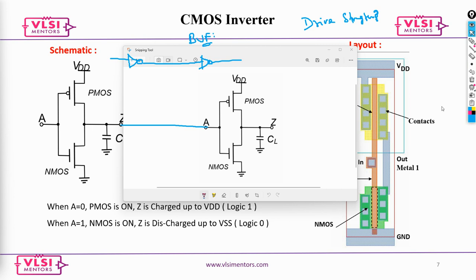Okay, so now drive strength, meaning yesterday we were talking about W and L of any transistor that you take.